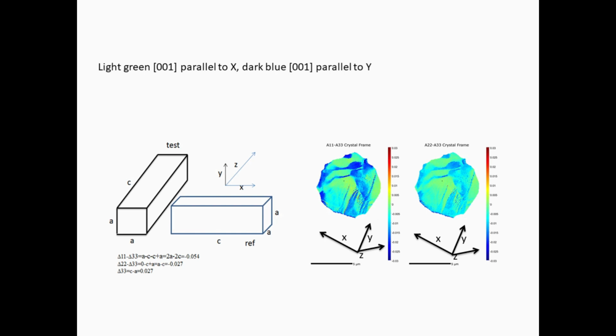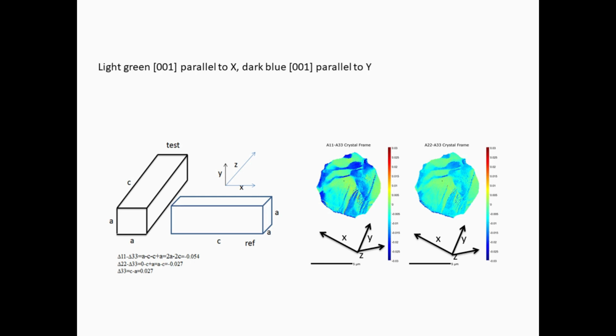So for these different configurations, we can get these two features which we measure, delta 1 minus delta 3 and delta 2 minus delta 3, and they are uniquely large, intermediate, and then negative. So if you measure that experimentally, it tells you which one is the c-axis. And there it is as an experiment.